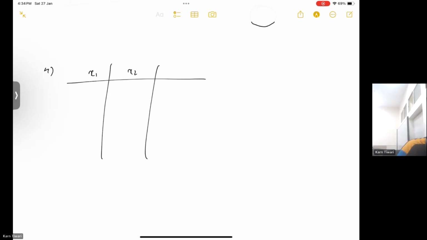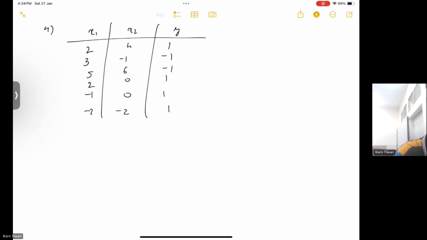X1, X2: 5, 2, 4, 1, 3, minus 1, minus 1, 5, 6, minus 1, 2, minus 1, 0, 0, 1, minus 2, minus 2, 1.